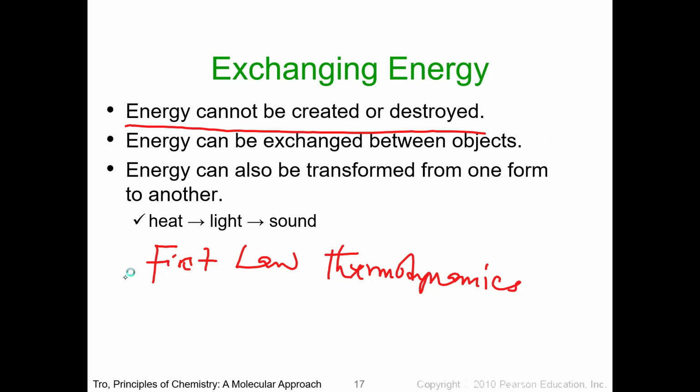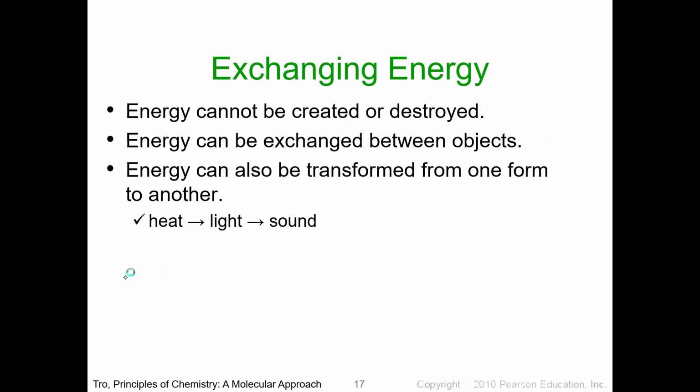For example, we consider the sun as our primary source of energy. If you consider the sun as a primary source of energy, the energy that is present in the sun is solar energy.